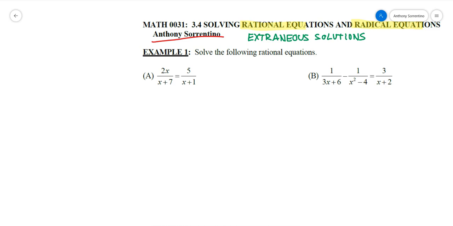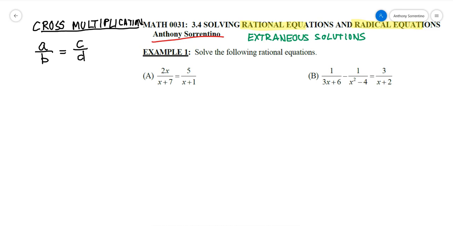When we solve rational equations, the primary principle that we're going to be using is a procedure known as cross multiplication. I mentioned this also before in a previous lesson. When I'm using cross multiplication with rational equations, which basically means if I have an equation where I have a fraction equal to another fraction, that's important: a single fraction on the left of the equal sign equaling a single fraction on the right of the equal sign, then this is also true.